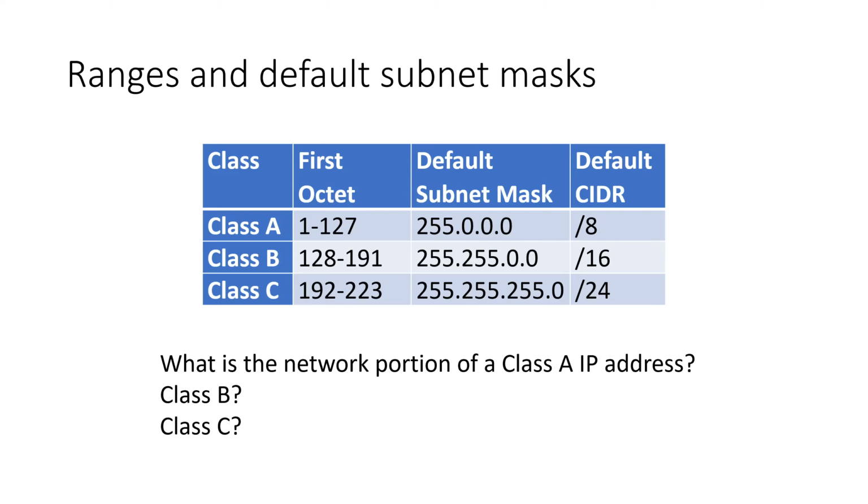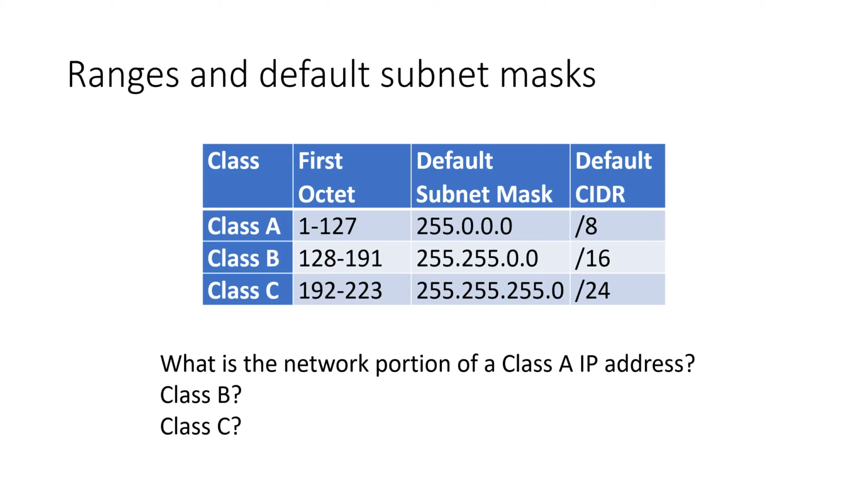Oftentimes it's one or two or three or four. It's usually not just one, but you get my point. You have thousands of devices, thousands of IP addresses, all pumped through one or two public IP addresses. And that's the difference between a public and a private IP address.